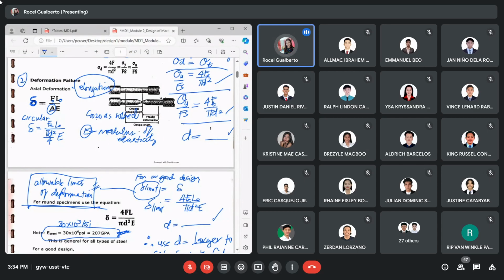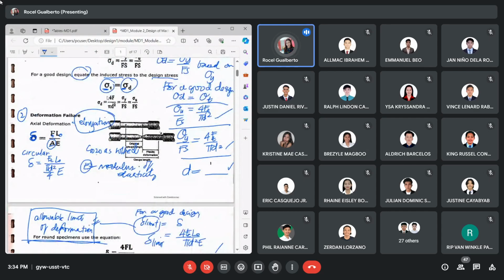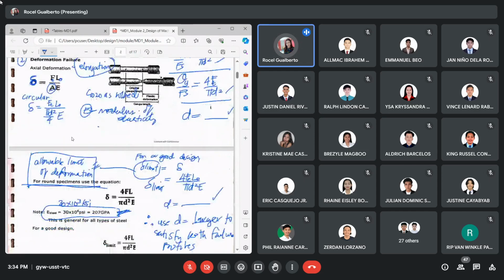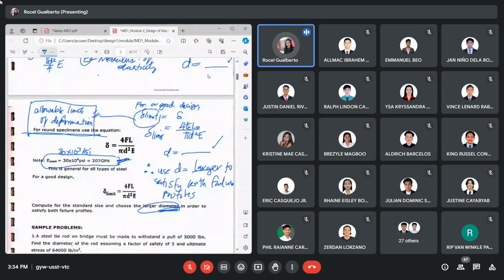So, ang magiging sagot lang po natin ay base sa strength failure lang. Galing lang po sa strength failure. At kung ano po yung nakuha natin sa strength failure, yun na po yung final answer po natin, kasi wala tayong deformation failure. Pero kung meron po, ang gagawin po natin is we need to compare. And you'll have to put up your conclusion on which diameter or which dimension is to be used.